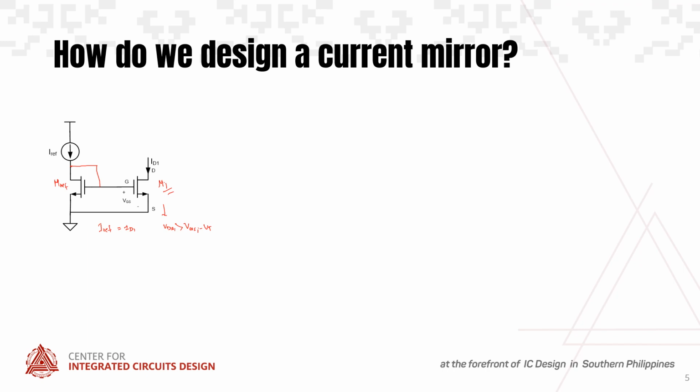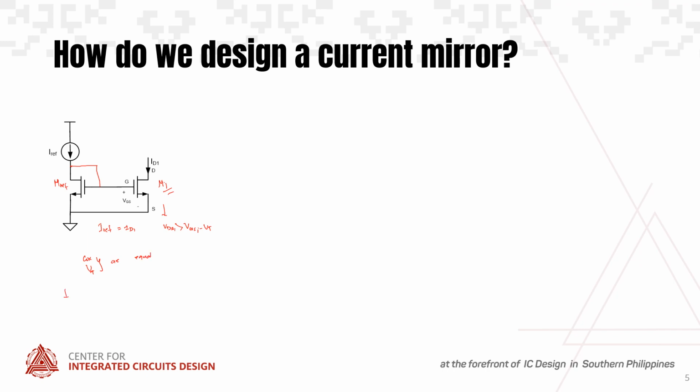And let us consider that the devices are equal except for the W/L. So with that, ang W/L lang hindi equal, so we can consider that CUX and VT are equal for MREF and M1.